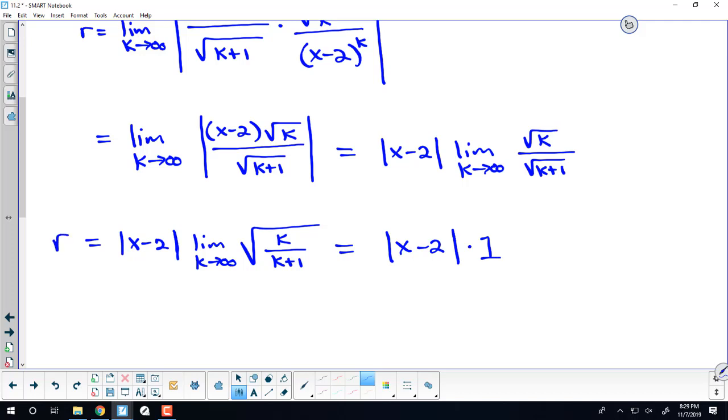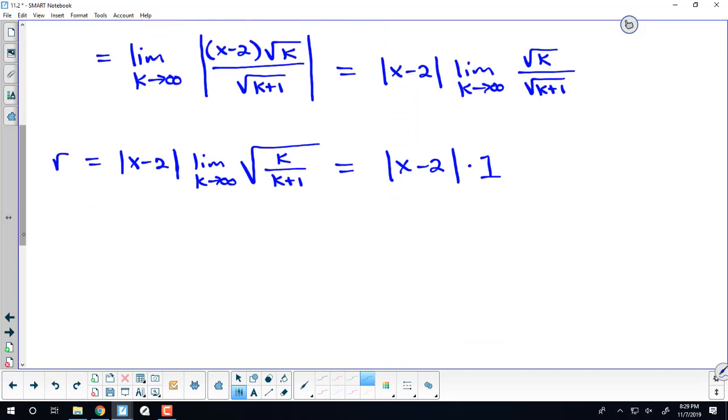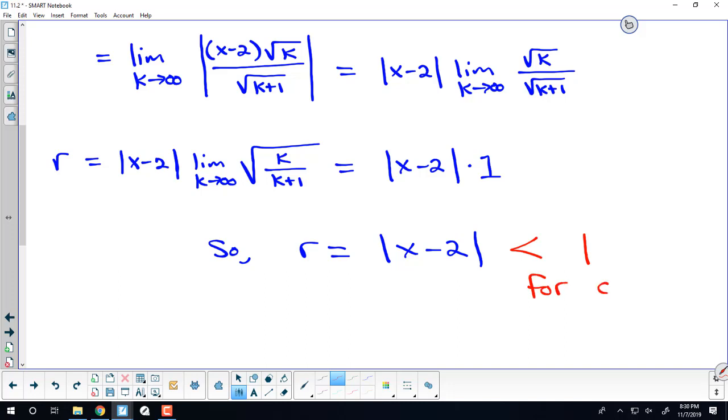The ratio is the absolute value of x minus 2 times 1. And again, for convergence in the ratio test, the ratio has to be less than 1 for convergence.